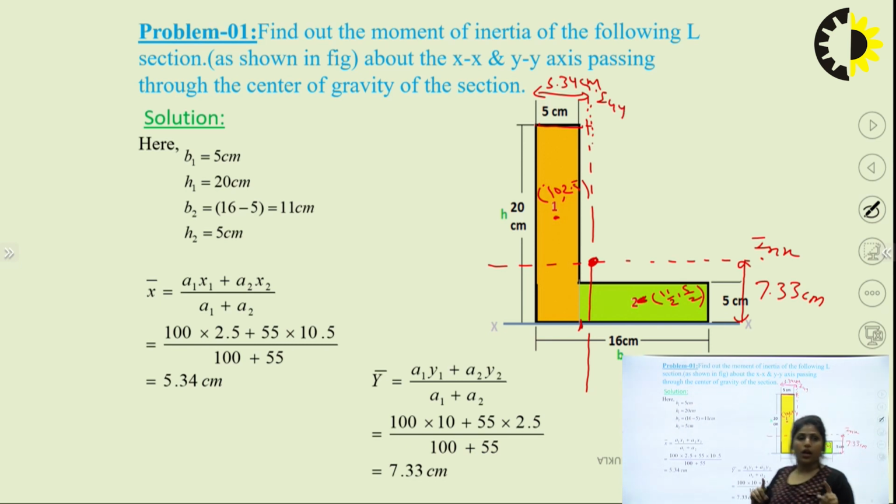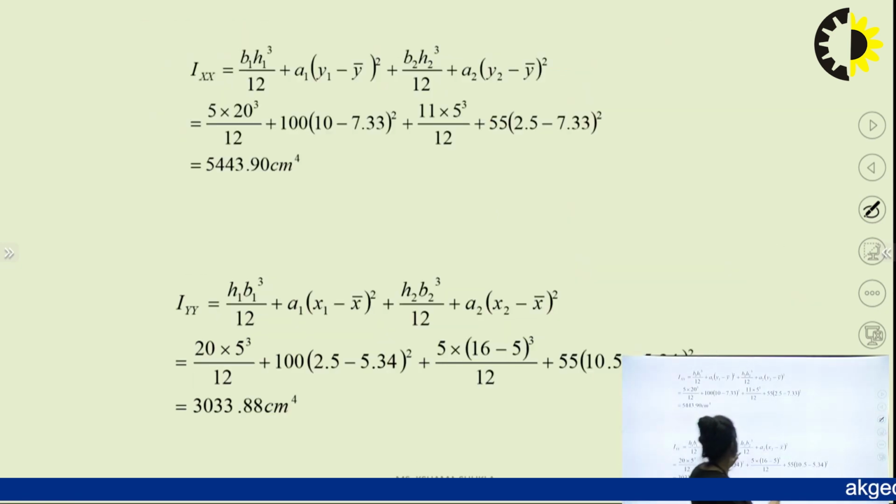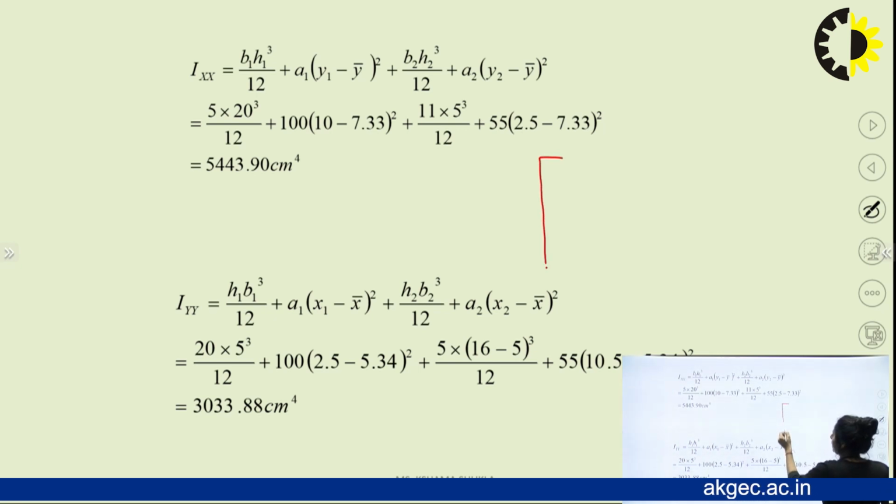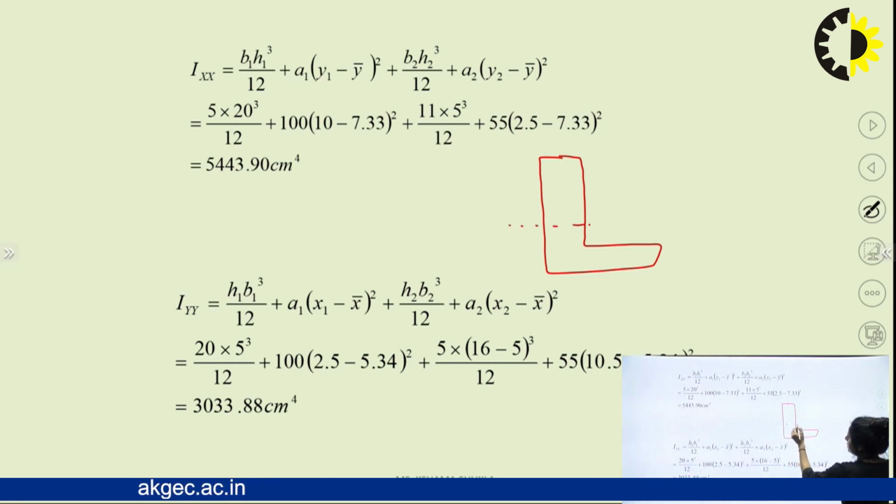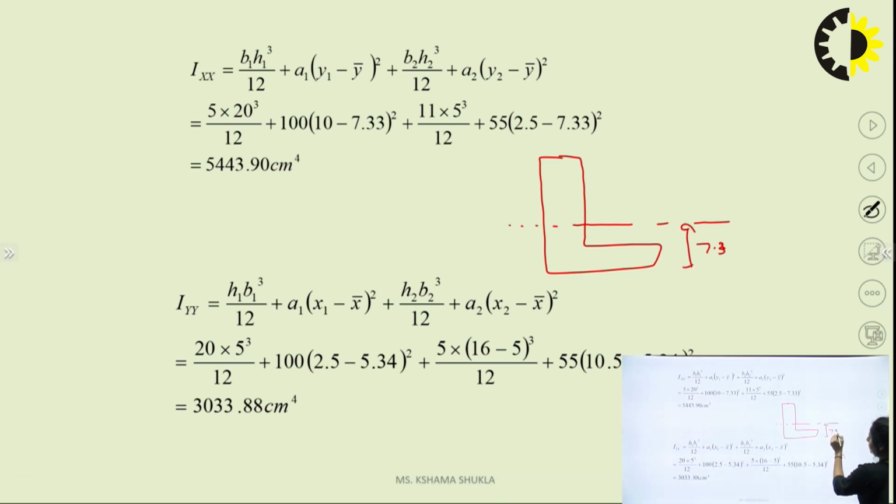So first of all, about Xx. When you find the value about Xx, simply make a diagram again. The value we need to find is Ixx, so make a reference distance. The value is 7.33.